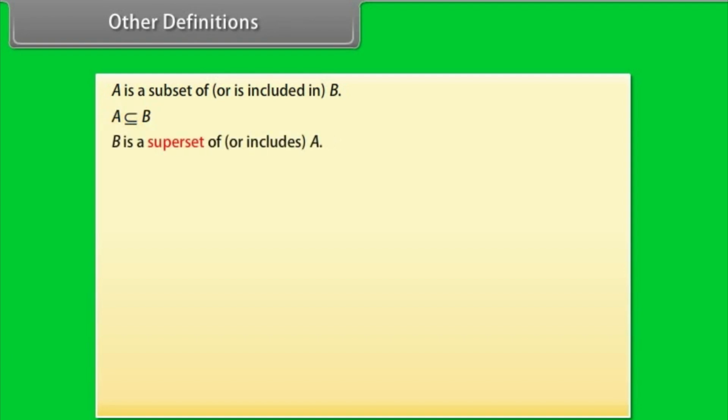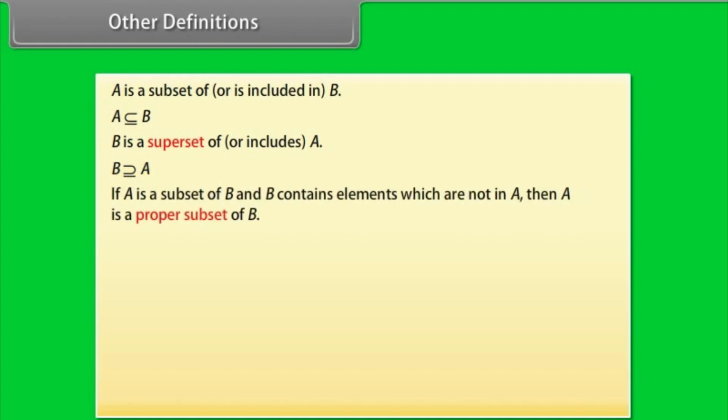B is a superset of or includes A, denoted by this symbol. If A is a subset of B and B contains elements which are not in A, then A is a proper subset of B. If A is a proper subset of B, we use this symbol to designate that relationship. If A is not a subset of B, we write it this way to designate that relationship.